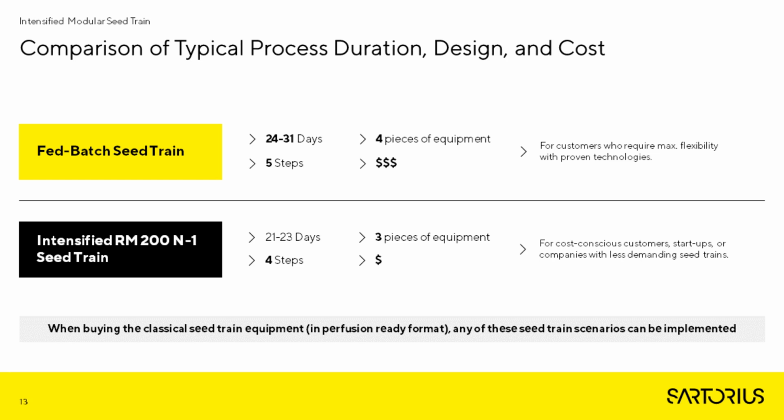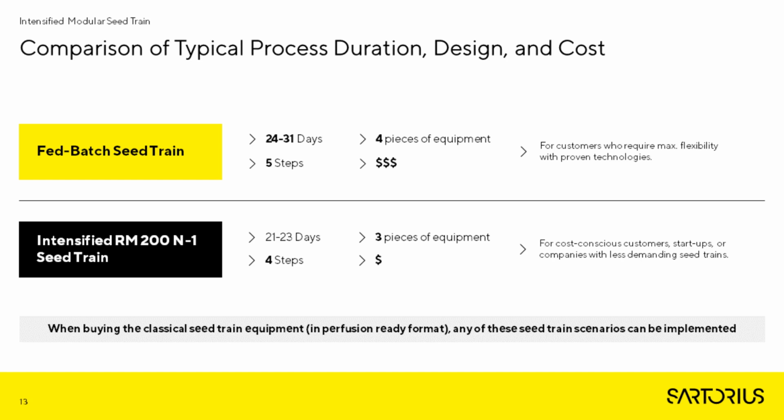Whereas the intensified RM200 N-1 C-Train is associated with a lower number of days, a smaller number of steps, requires less equipment, and is more budget friendly.